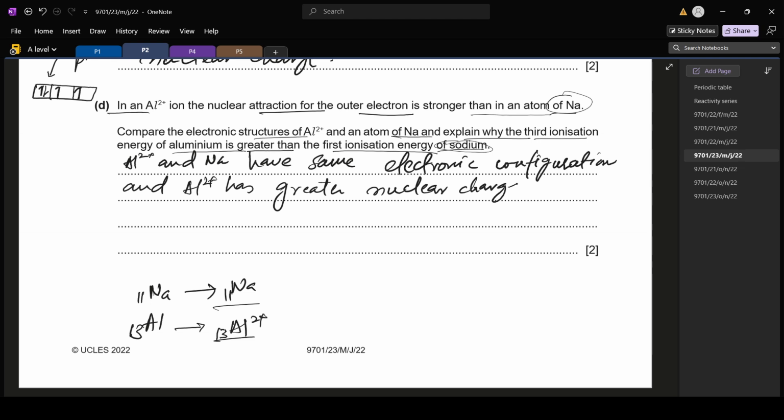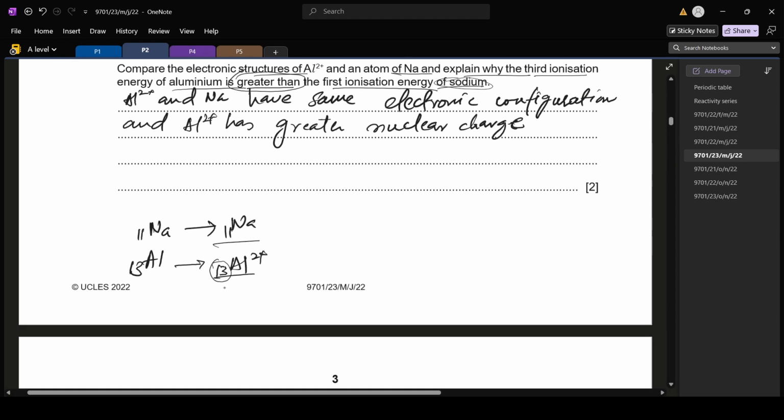So that's why the third ionization energy of aluminum is greater than the first ionization energy of sodium. This is the reason. They have the same number of electrons but the proton number of aluminum 2 plus is greater.